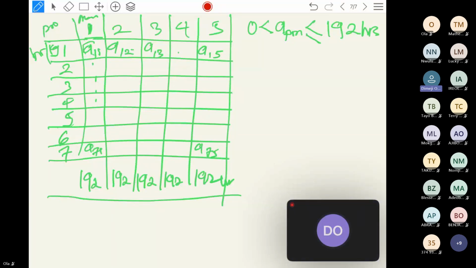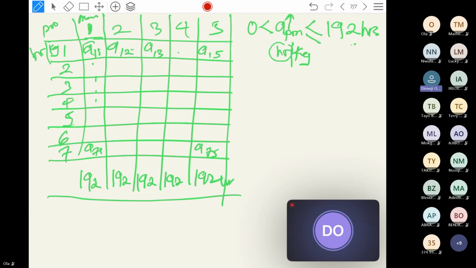For example, let's even check this out ourselves. We have 192 hours, right? And this one is hour per kg. So can we see that the consistency is not there?